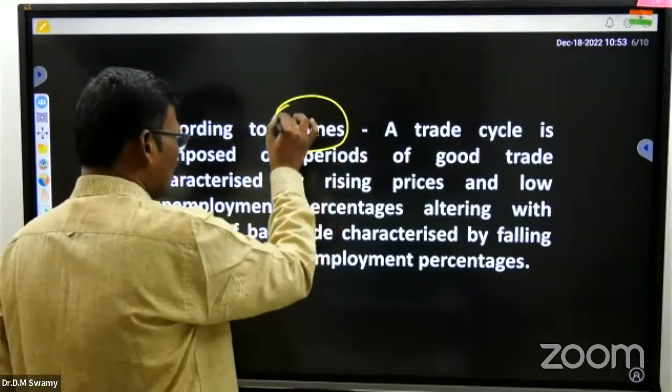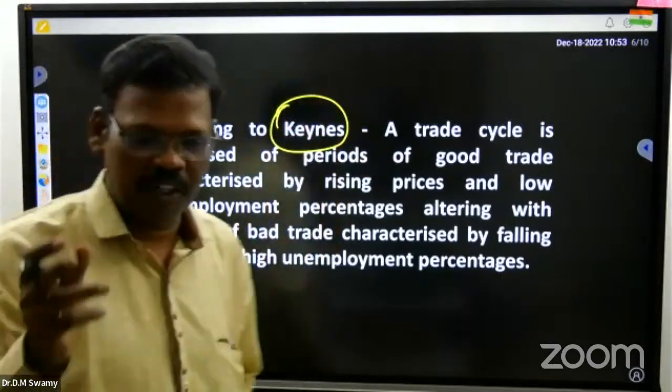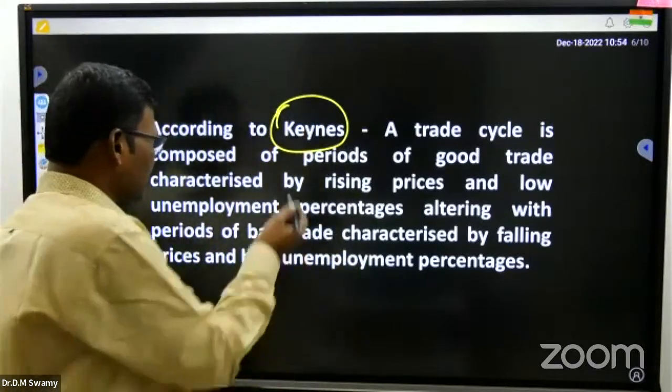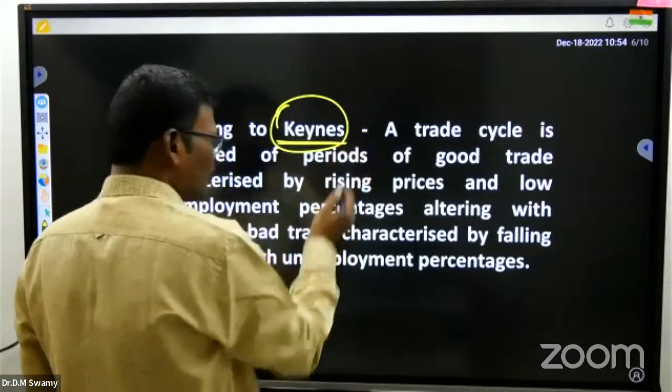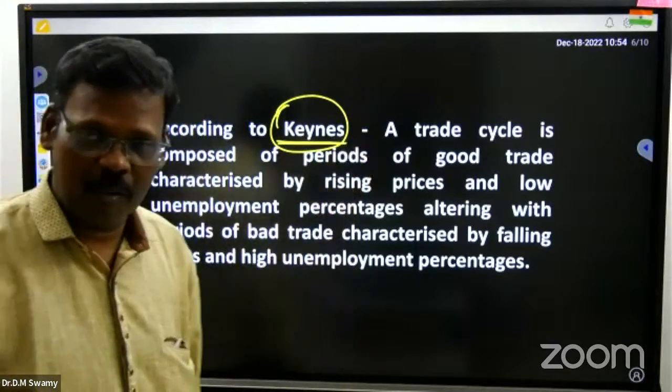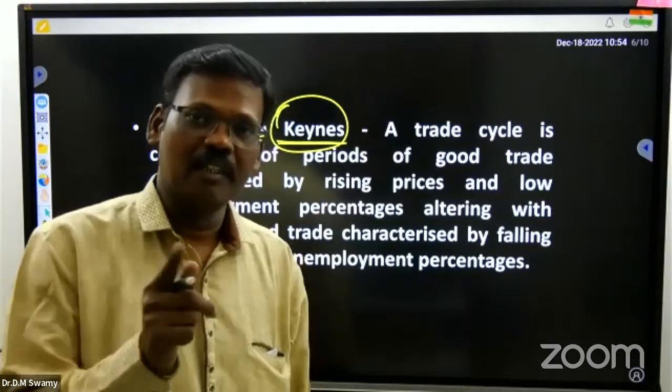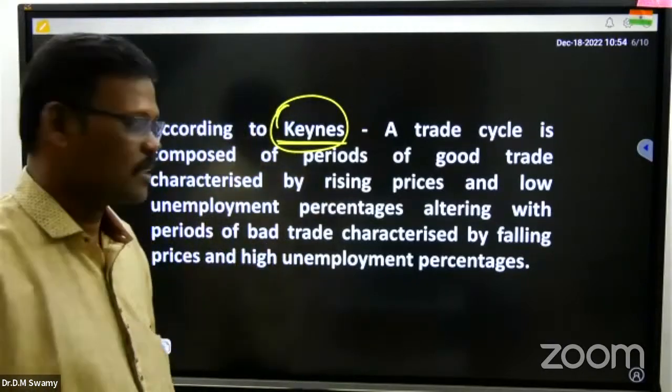Now, the trade cycle according to J.M. Keynes. We know that J.M. Keynes is one of the most important economists, known as the father of macroeconomics. He was the most important person, particularly in macroeconomics.